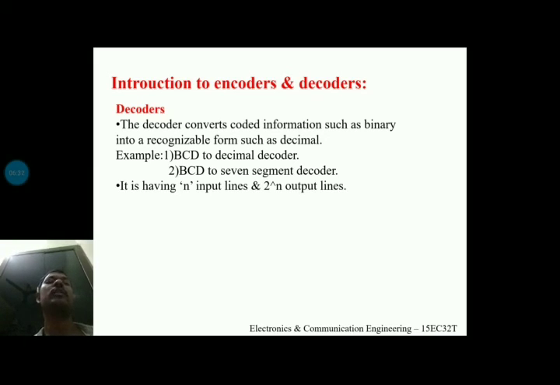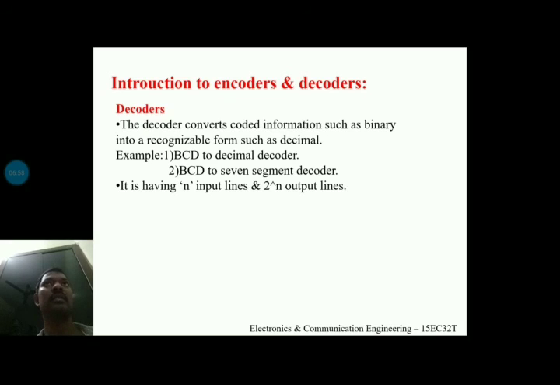Encoder and decoder: if the encoder is doing one thing, the decoder is doing the reverse of the encoder. Similarly, in case of a multiplexer and demultiplexer, the multiplexer sends any one of the inputs to the output depending upon the select line input.